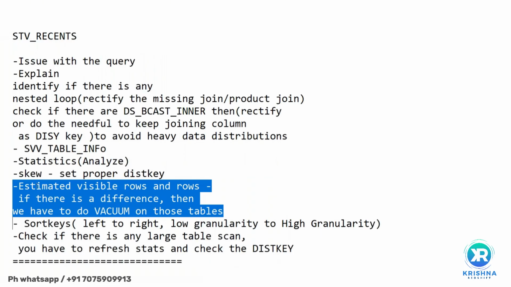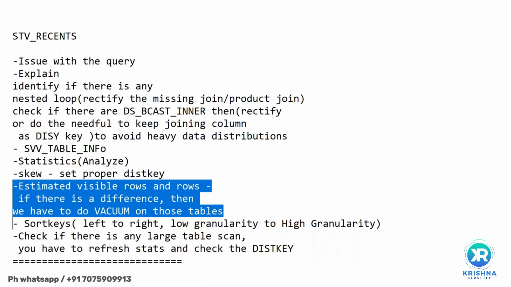Definitely, if there are more dead rows, I already said, what are dead rows in Redshift. Whenever you update or delete, the blocks are not released until you run the vacuum. Generally some of the jobs will be continuously updating and deleting in production.